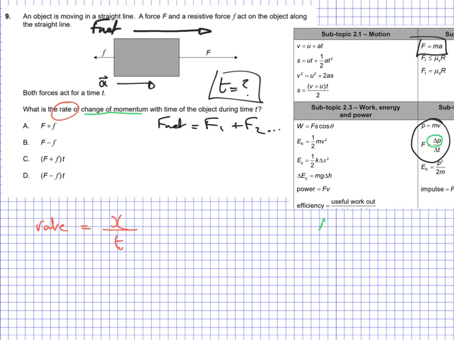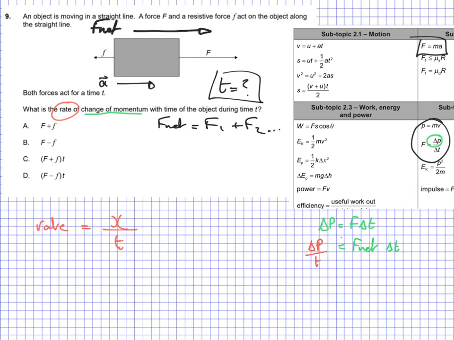Delta P. Delta P is F delta T, but with regards to this example it's the F net times the change in T. And more importantly, because we've identified this rate issue, it's going to be the change in momentum over a period of time. That's what we're looking for.